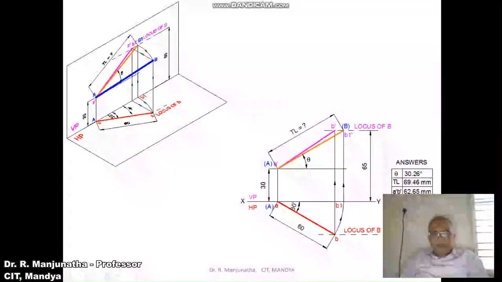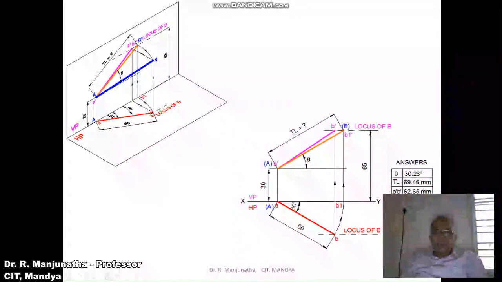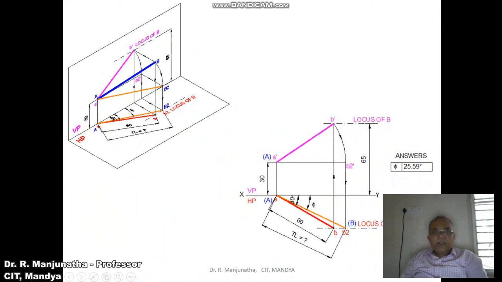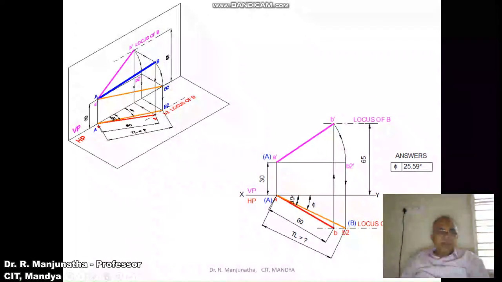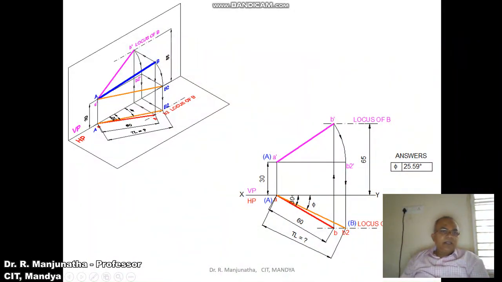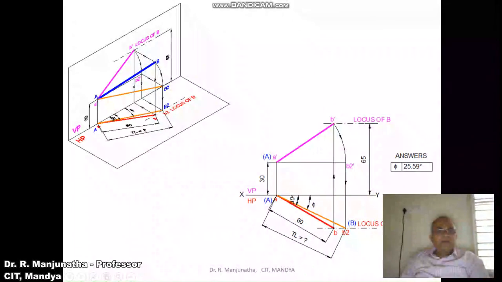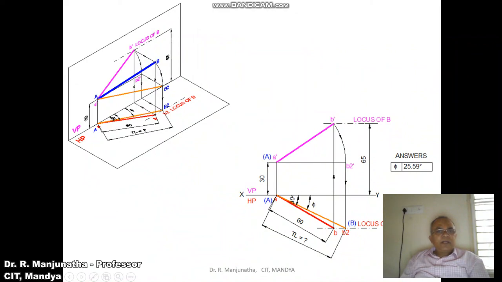So that is what we have done here, with A as center, AB as the radius which is rotated and made parallel. Then correspondingly in the front view, you are getting the true length. Similarly, you take this capital AB and rotate it such that it is parallel to HP. So A is above HP by 30 mm, and B2 is also above HP by 30 mm. When you are rotating in space and look from the front view, that image is rotated.